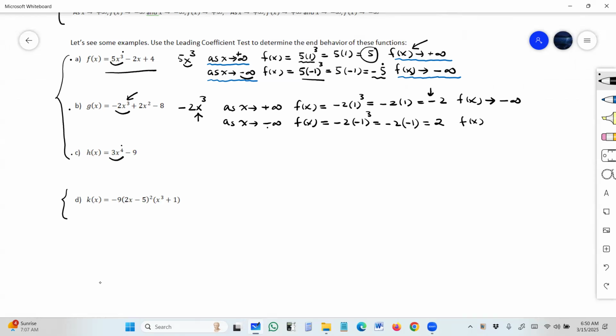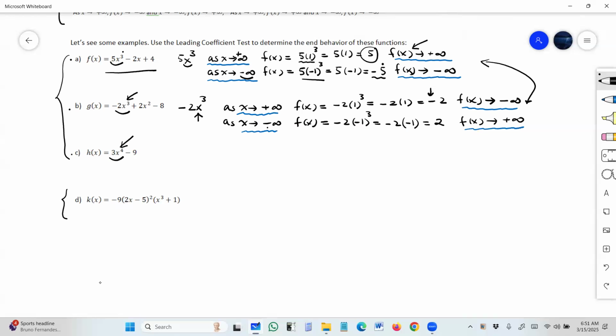So because the answer is positive, that means the polynomial goes to positive infinity. Notice that is the opposite, right? So my answer is, as x goes to positive infinity, f of x goes to negative infinity. As x goes to negative infinity, f of x goes to positive infinity.